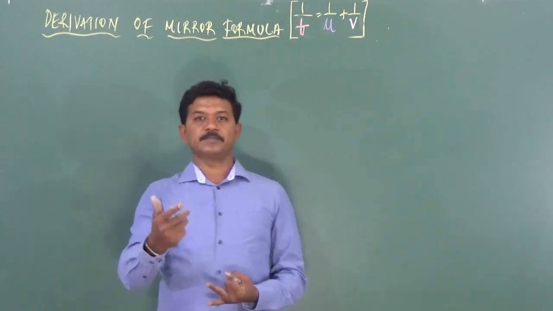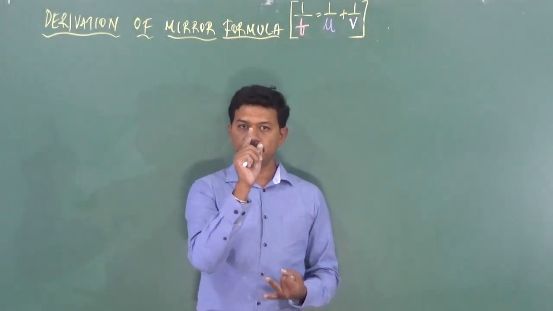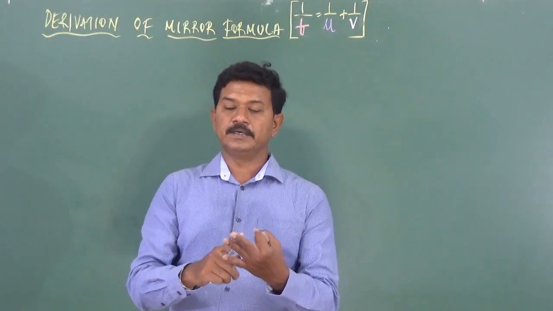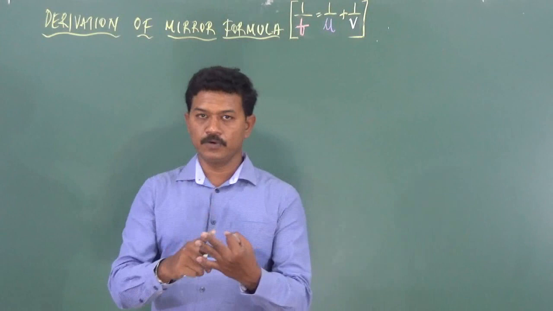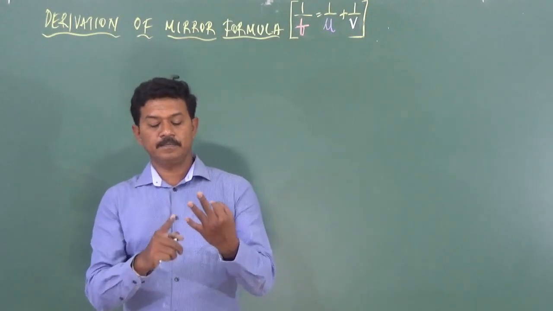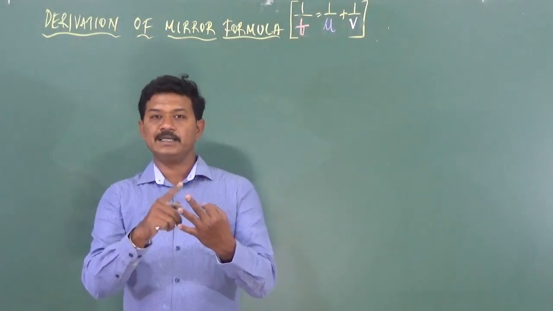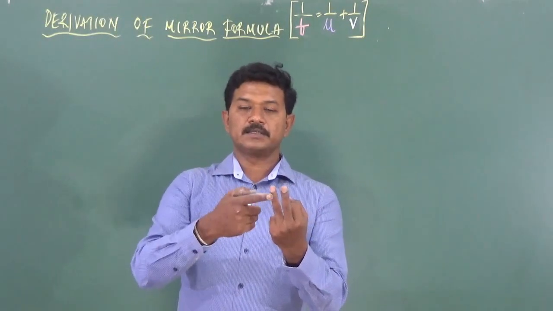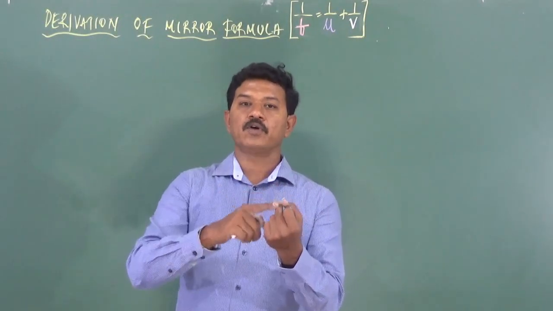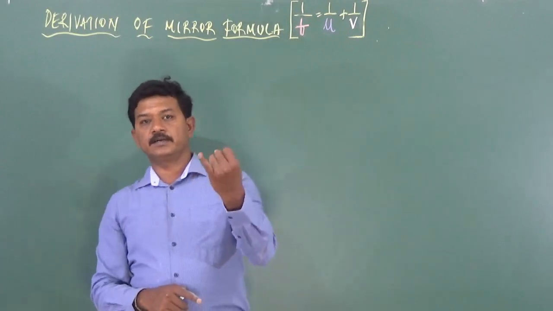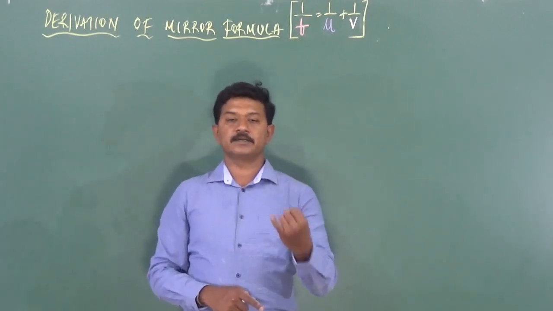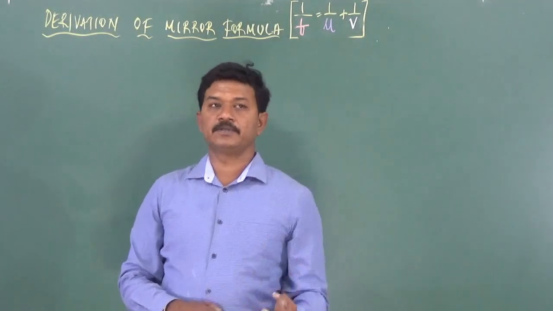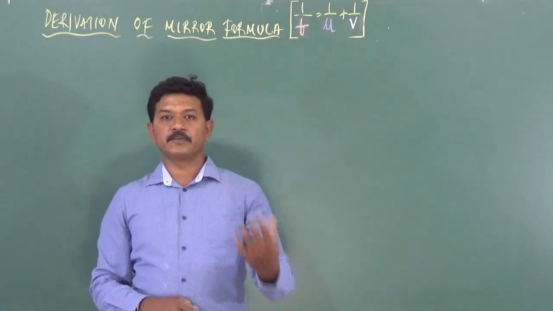So u, v and f, we have three elements here. Object distance is indicated by u, image distance is indicated by v, and the focal length is indicated by f.